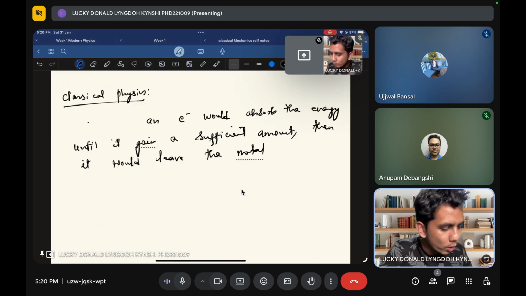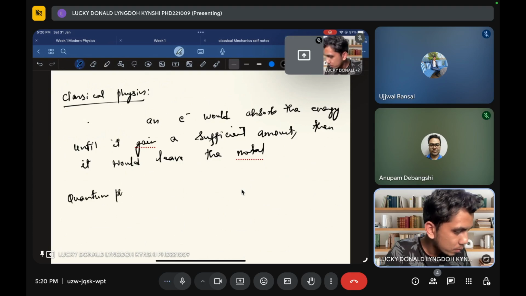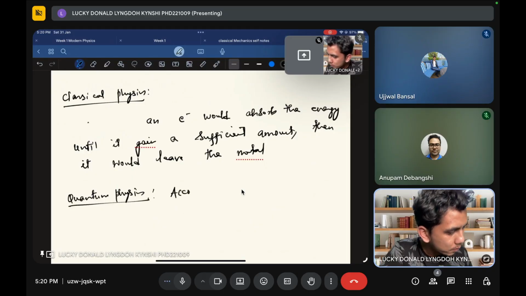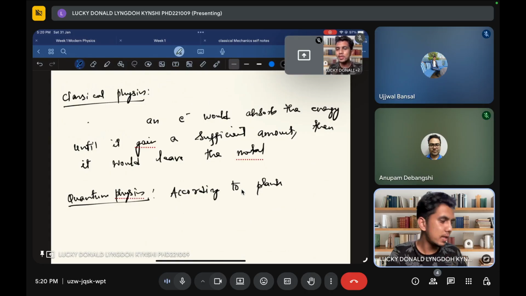Then what happens in quantum physics? According to Planck's, he considered energy as a particle. This is where quantum mechanics comes in.